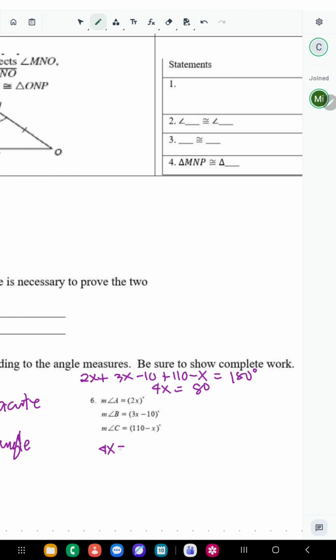So 4x equals 80. Divide by 4. So x is 20. So this is 2 times 20, which is 40.